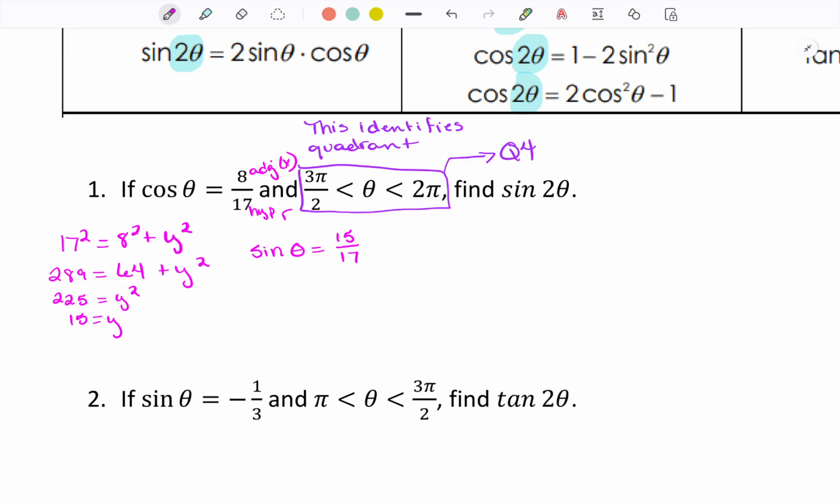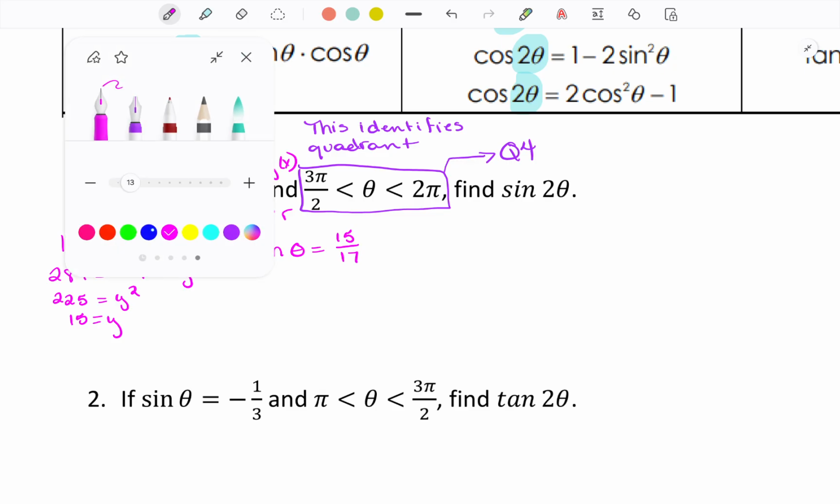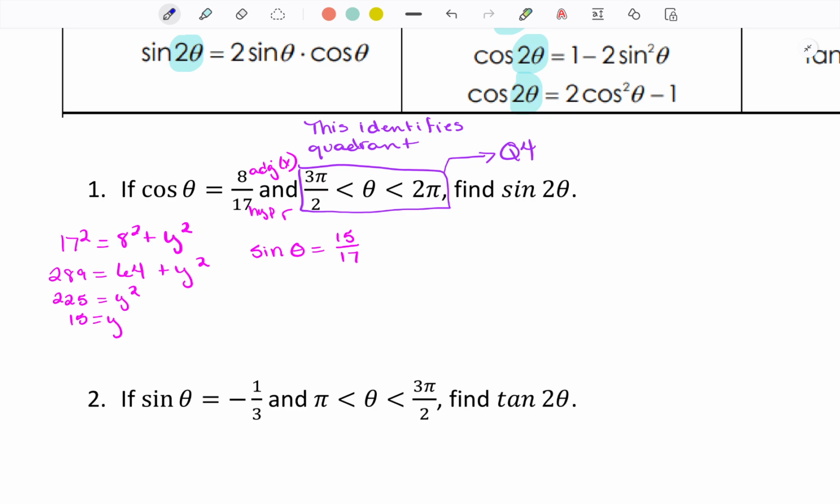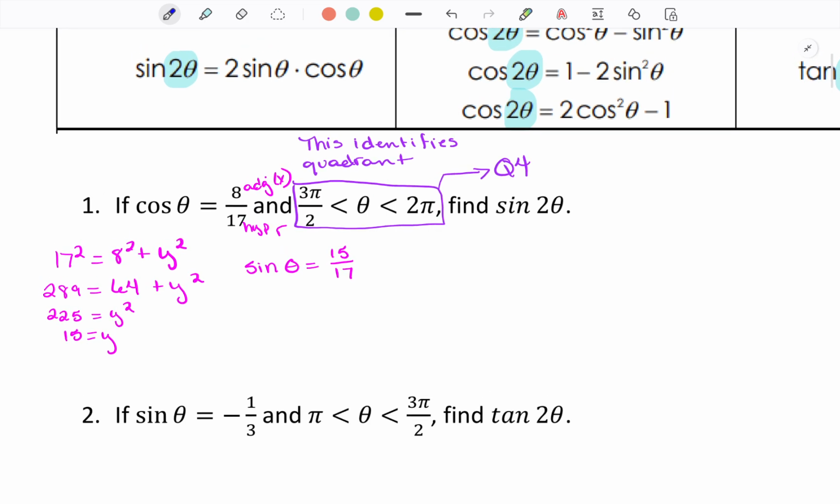So then I am going to take these two trig values and plug them into my function. So I'm going to use that identity of sine 2 theta equals 2 times sine theta times cosine theta.